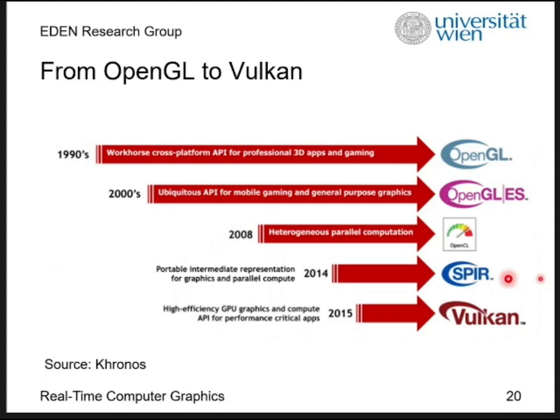This is what we give to the driver, and the driver will receive SPIR-V bytecode and then will again make some kind of a translation. But this time there is nothing to interpret. This is like a tight specification. There is no room for different interpretations here.